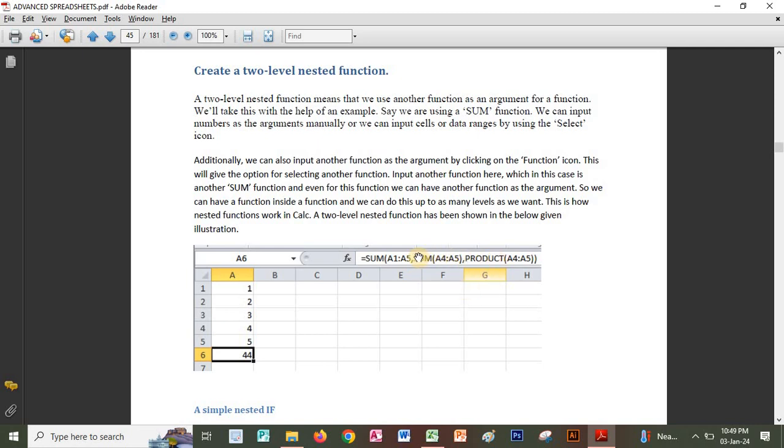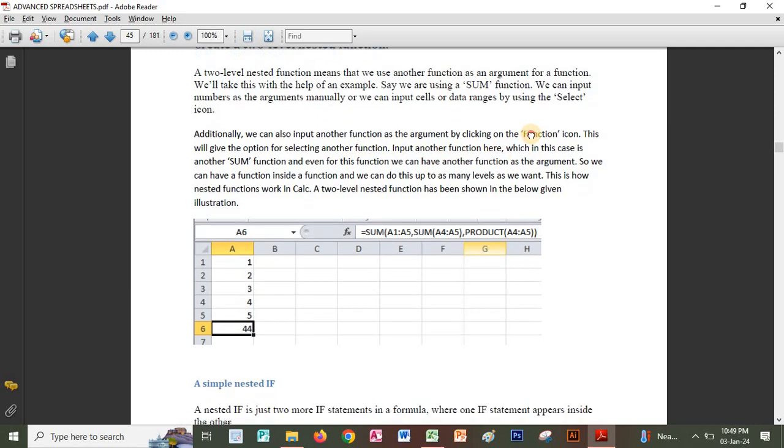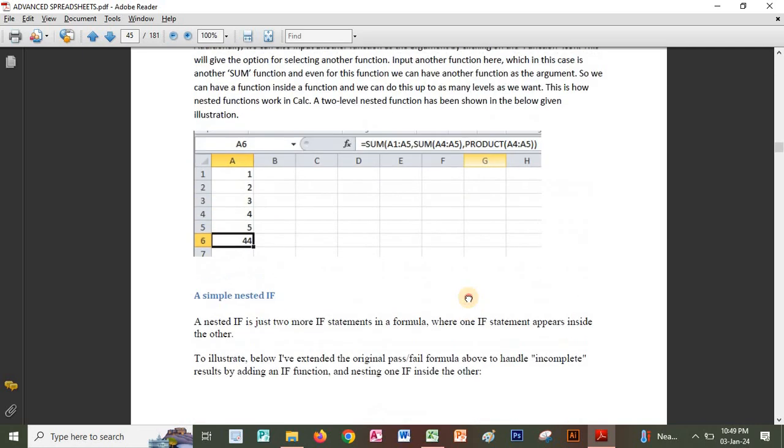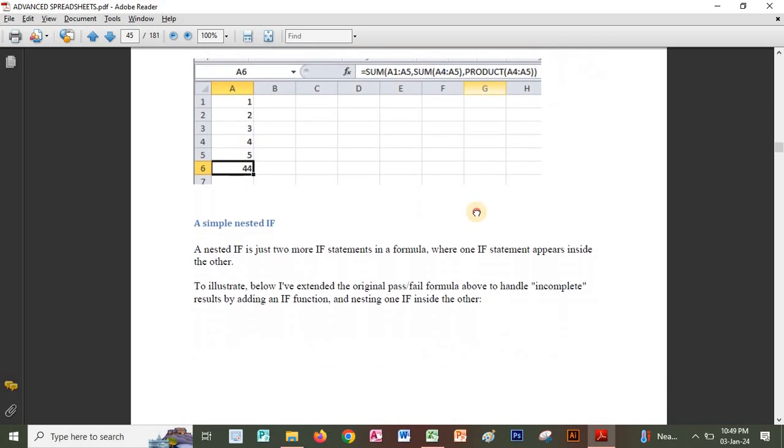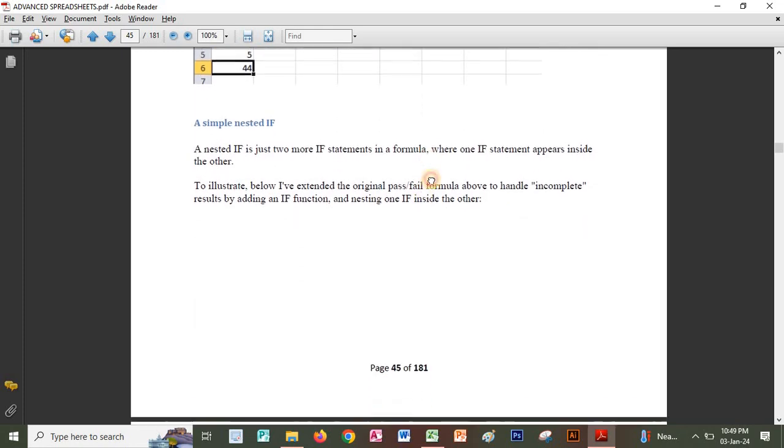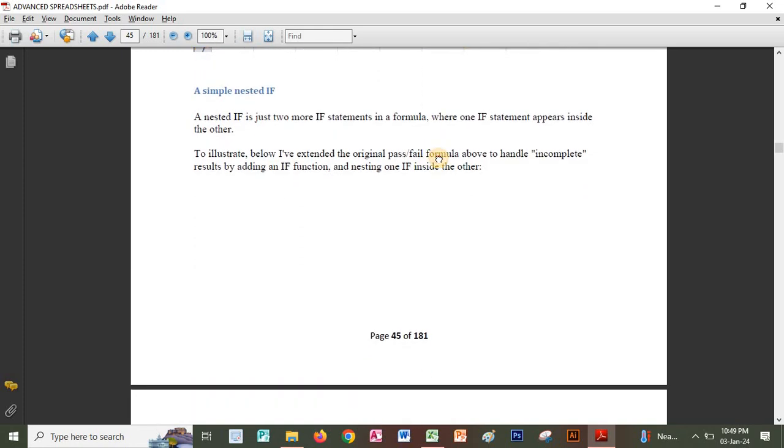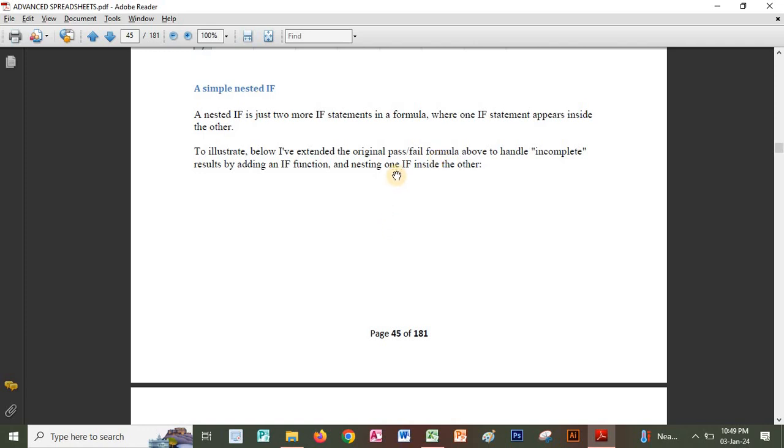So that is a two-level, the first level and the second level. The second level is the argument functions inside that. See whether it can work out for you, something like this. I tried it earlier, it did work, but because of time I want you to try it around and see whether it works out.